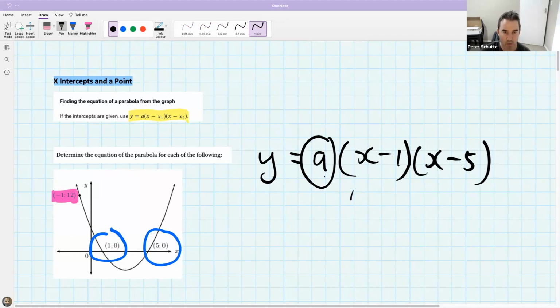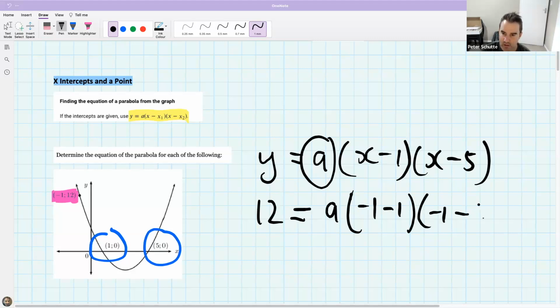I'm going to use it to help me find what a is. And the way I do that is I put a 12 where there's a y, and I put a minus 1 where there is an x. I'll just highlight that for you. Can you work out for me what the a value is? I want everyone in the room to try and find what the a value is.